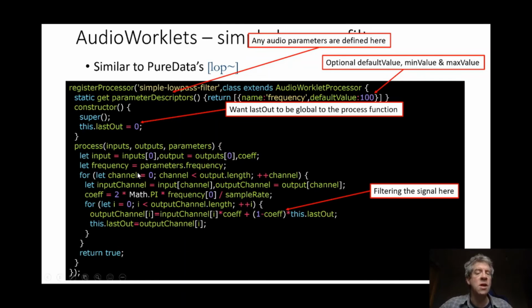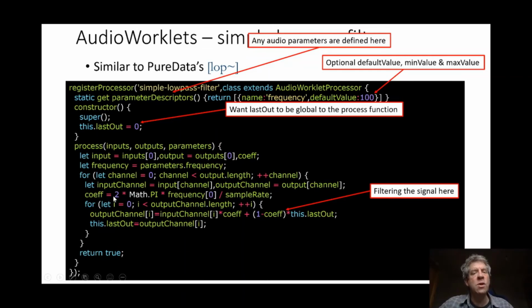So now we're saying for each of those 2 channels in stereo, or 1 channel if it's mono, we're going to look at all of the samples within that channel. So for a given channel, we give that channel a name, input channel and output channel.